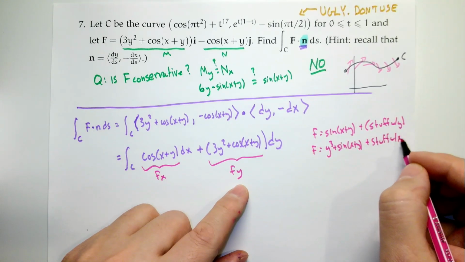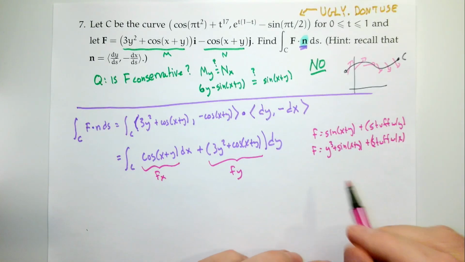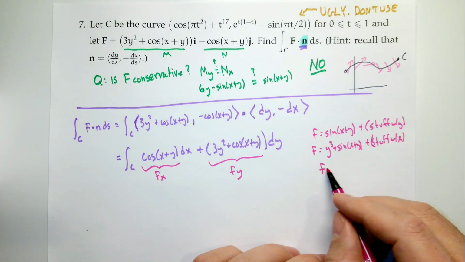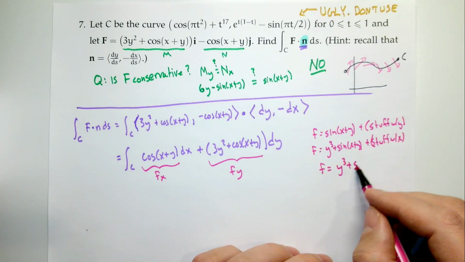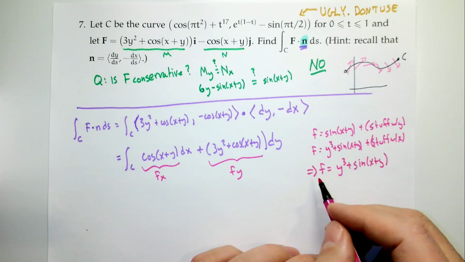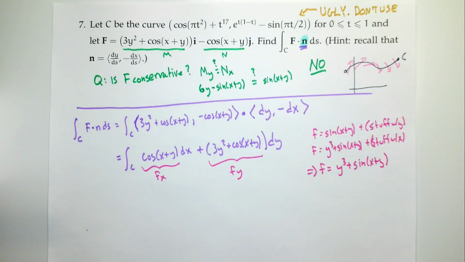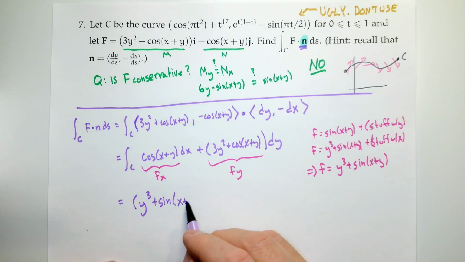And now we see there's no contradiction like we had before. Lo and behold, this is a conservative function. I can use the function y cubed plus sine of x plus y. And that works. So we get the following: this is equal to the potential function y cubed plus sine of x plus y.